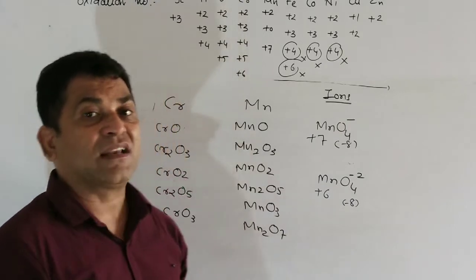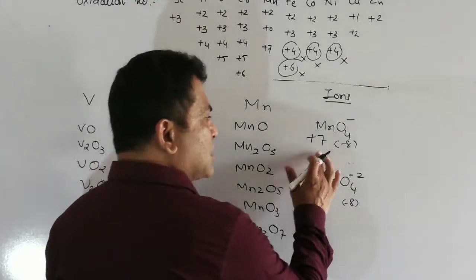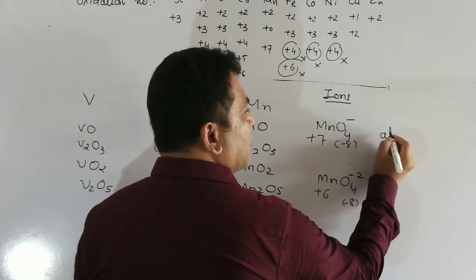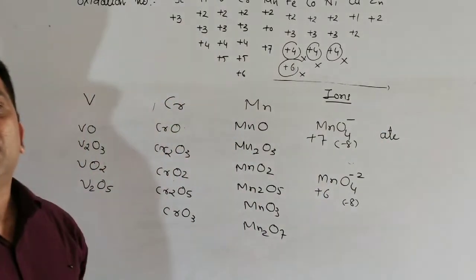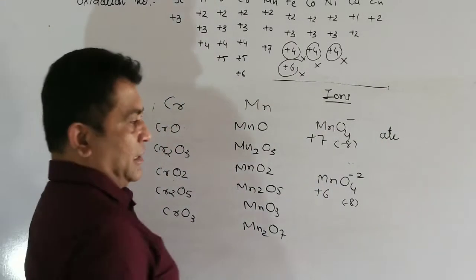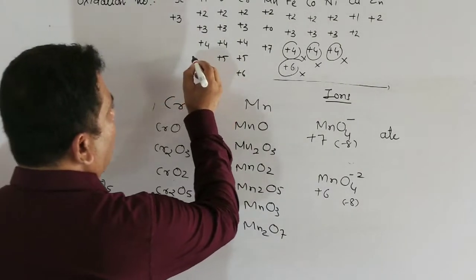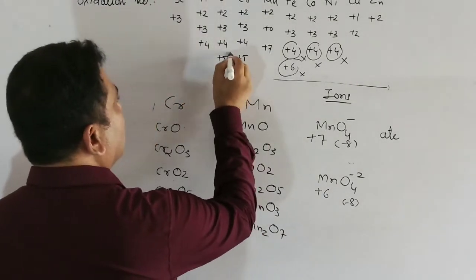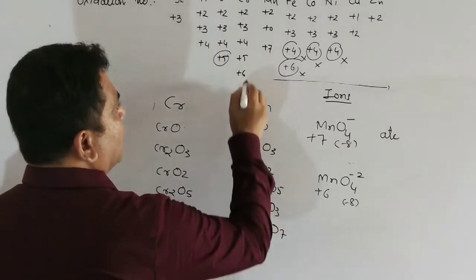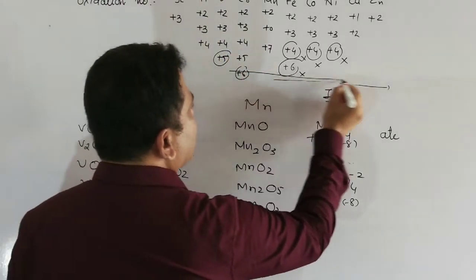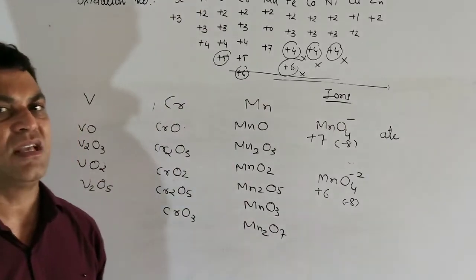If it is a higher oxidation state, we add the prefix per. But remember, the highest oxidation state here is plus 6, so plus 6 should be considered the highest oxidation state.